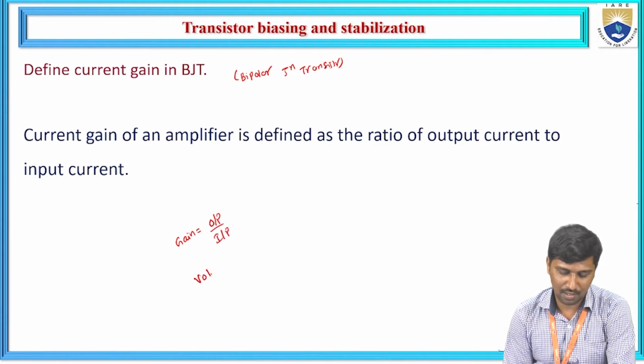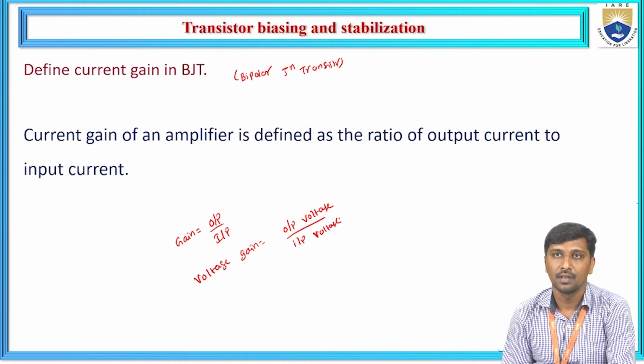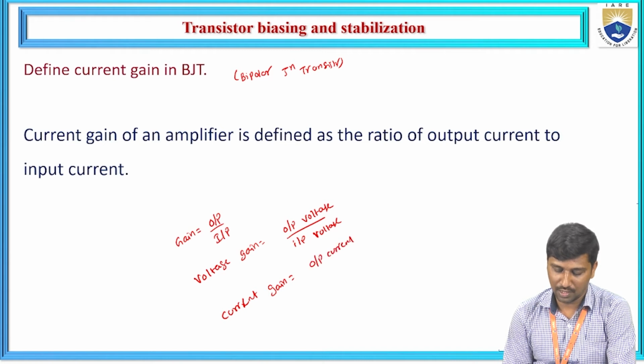If you want to define a voltage gain, it is defined as output voltage to input voltage. Similar to that, current gain is defined as output current to the input current.